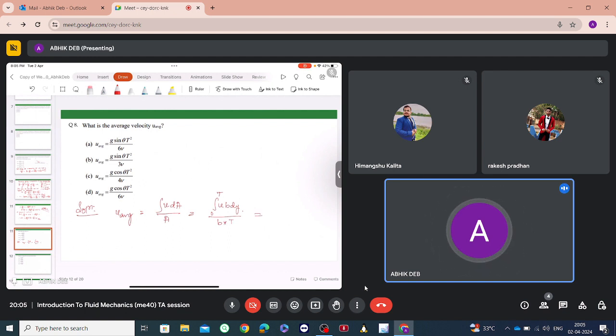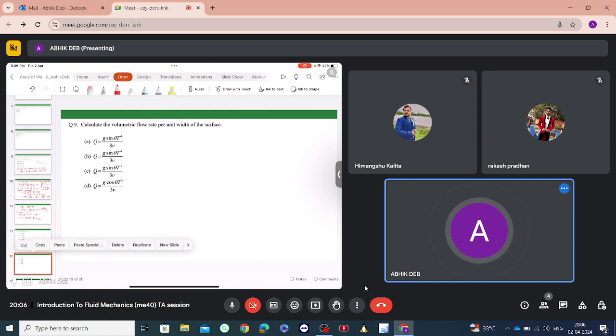So b gets cancelled because it is constant and not equal to 0, and if we integrate it, we will get g sine theta by nu into the integral of (ty minus y square by 2) dy from 0 to t. So if we integrate this, we'll get g sine theta into t square by 3 nu, which is option number B.